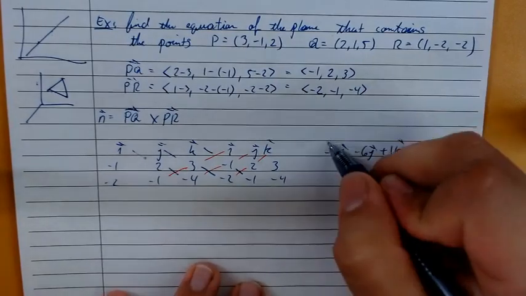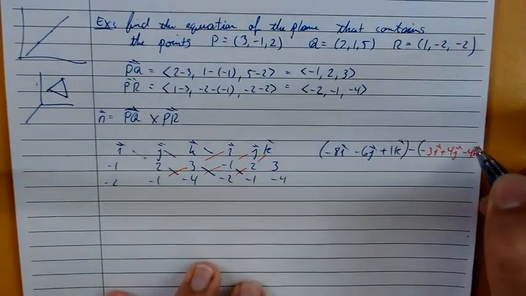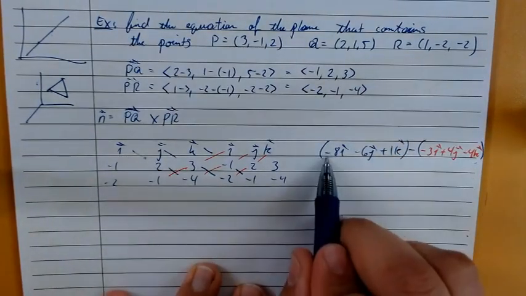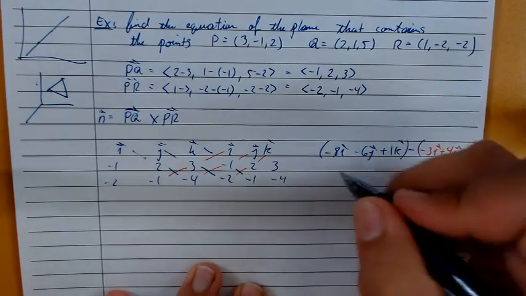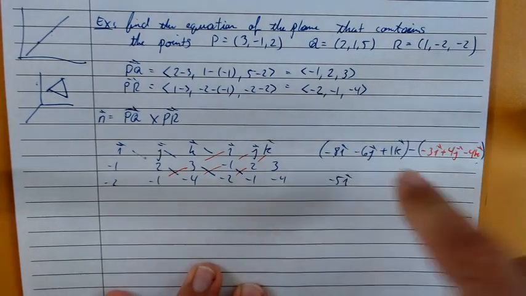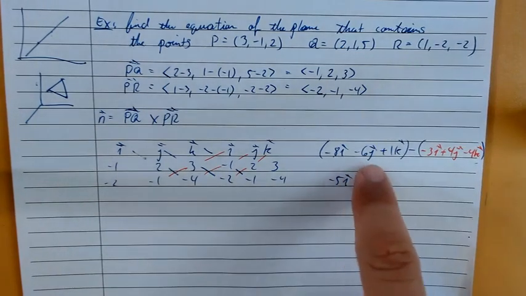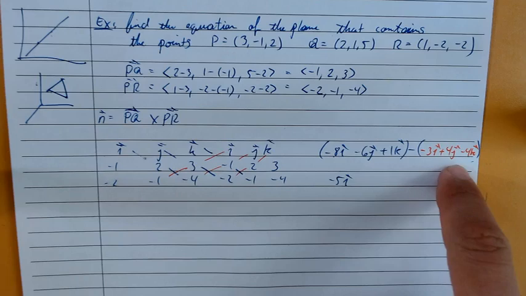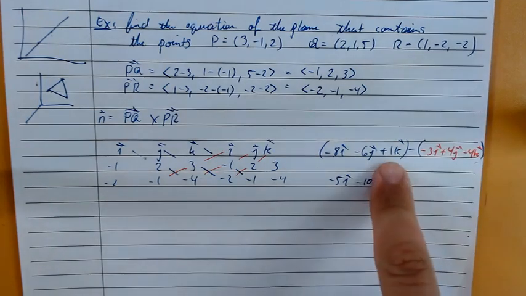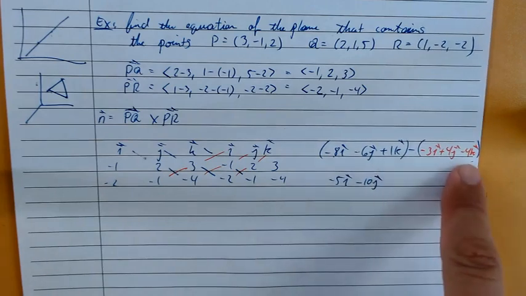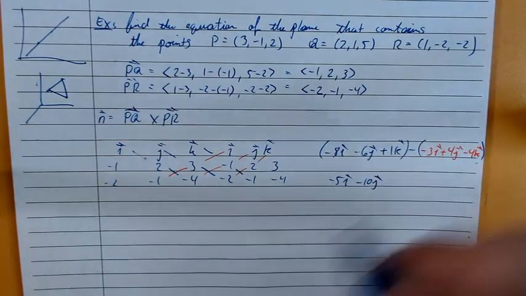Take that first vector minus that second vector. So negative 8i minus a minus 3i, that'll give me minus 5i. All right, minus and minus makes that a plus. Negative 6j minus 4j, that'll give me negative 10j. And then here 1 minus a minus 4, 1 plus 4, that'll give me 5k.